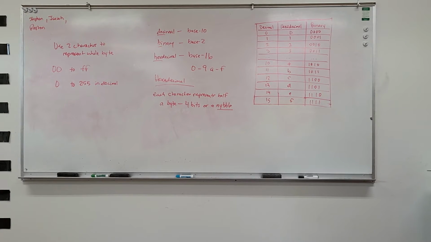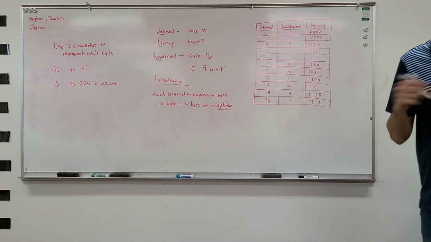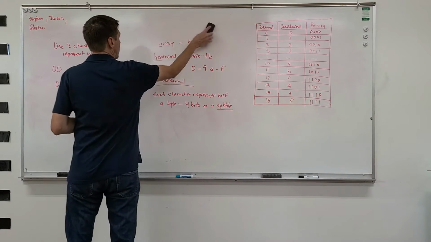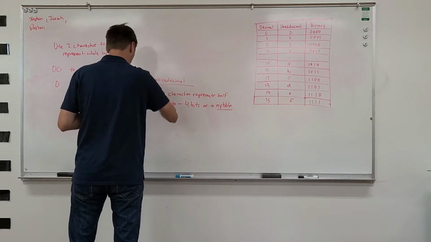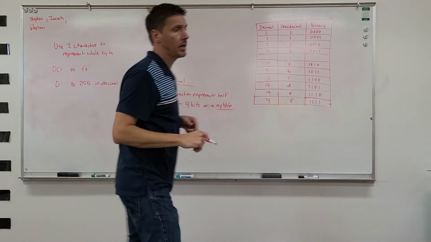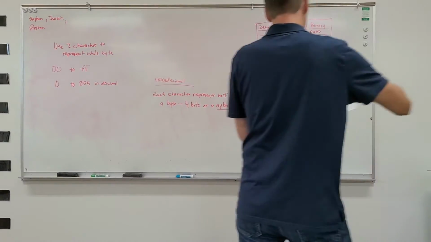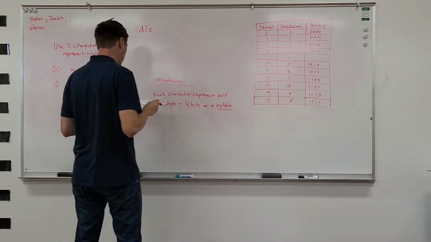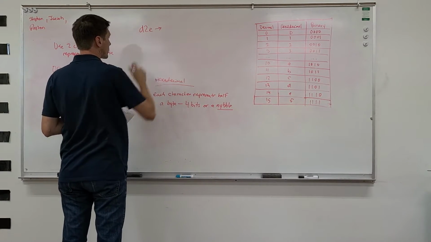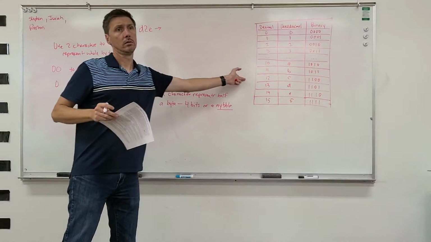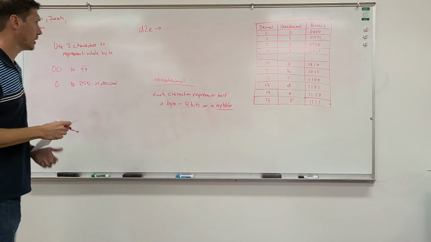All right, so if I want to convert a hexadecimal number to binary, let's look at how we would do that. Let's say we have a hexadecimal number D2E, and I want to convert that to binary. The way that I would do it is just use the table here. That's the easiest way to do it, right?